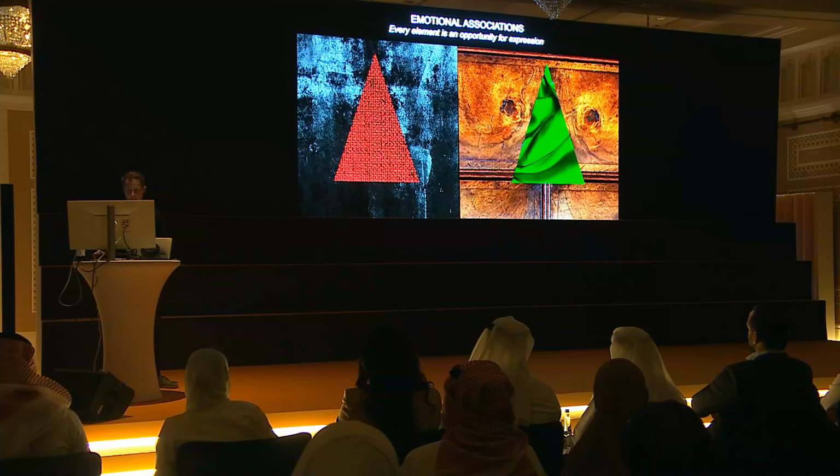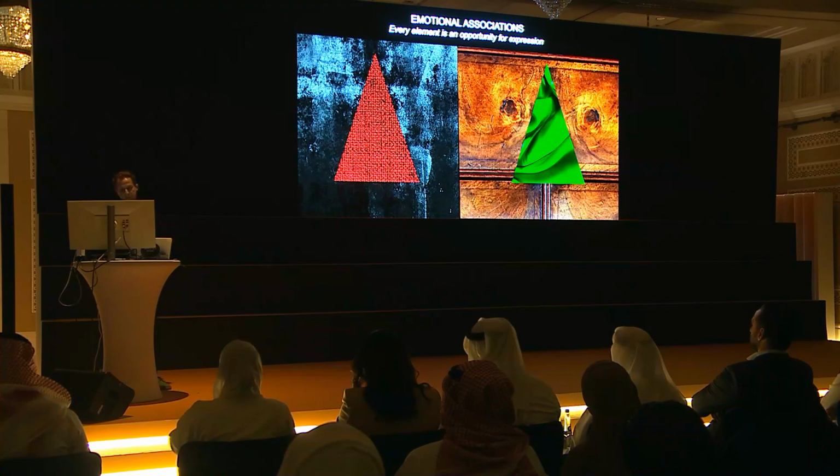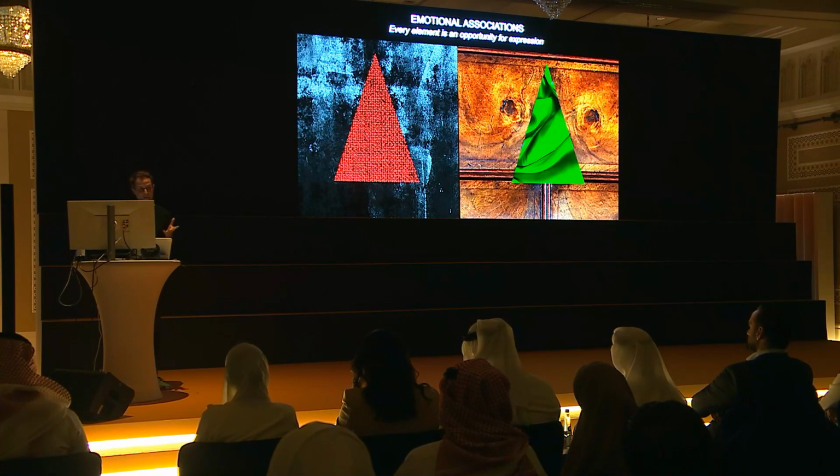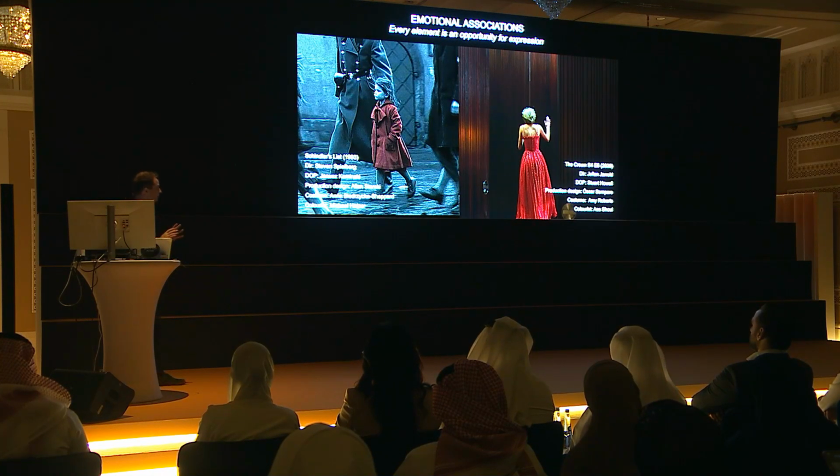So every element in the picture is an opportunity for expression. That's really the point. And every department that controls those elements, they have the opportunity to contribute ideas based on the story. So in this case, both these images are the work of these people working together.